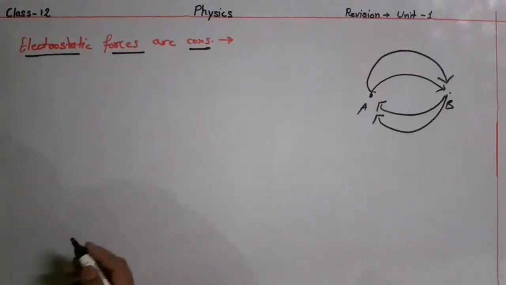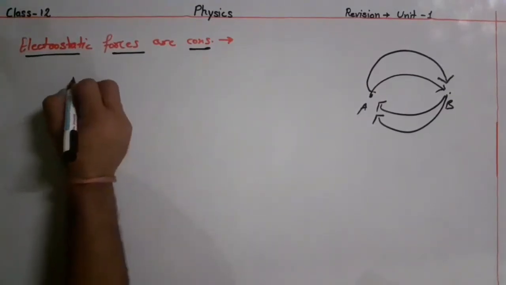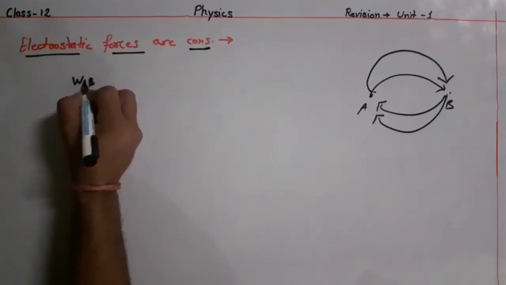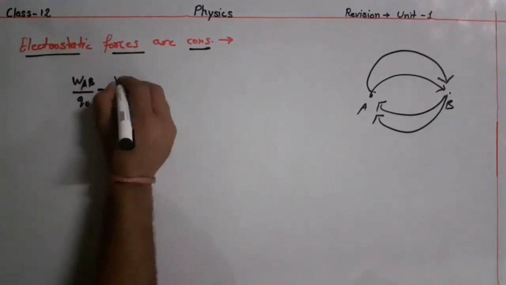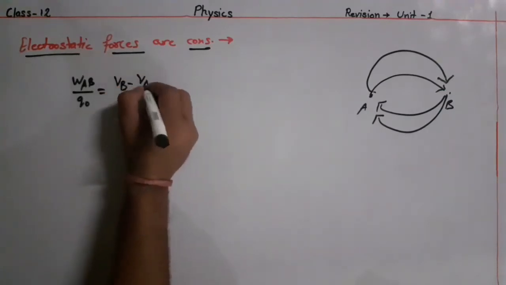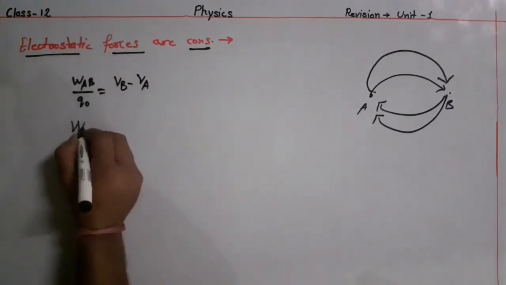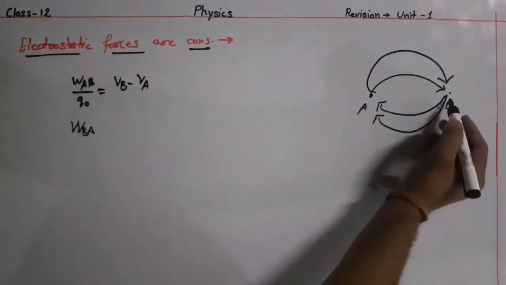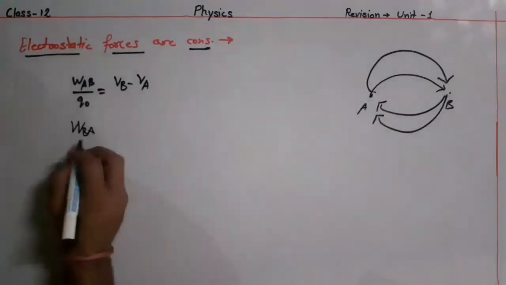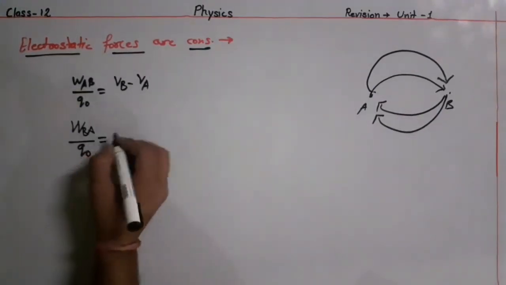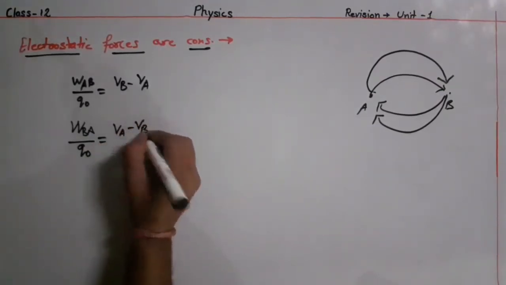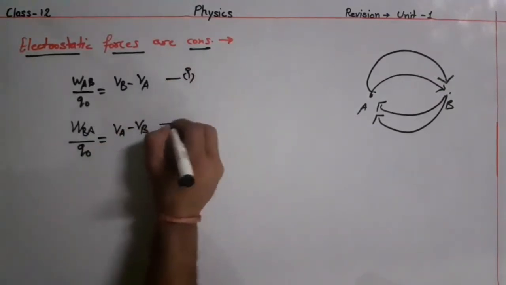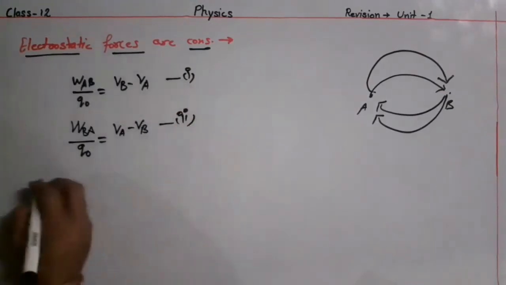So let's prove. Let's find the work done for a unit charge moving from A to B, which will be equal to VB minus VA. Next, work done from B to A. Now we are moving our charged particle from B to point A. What will we get? We will get VA minus VB. This is our first equation and this one is our second equation.